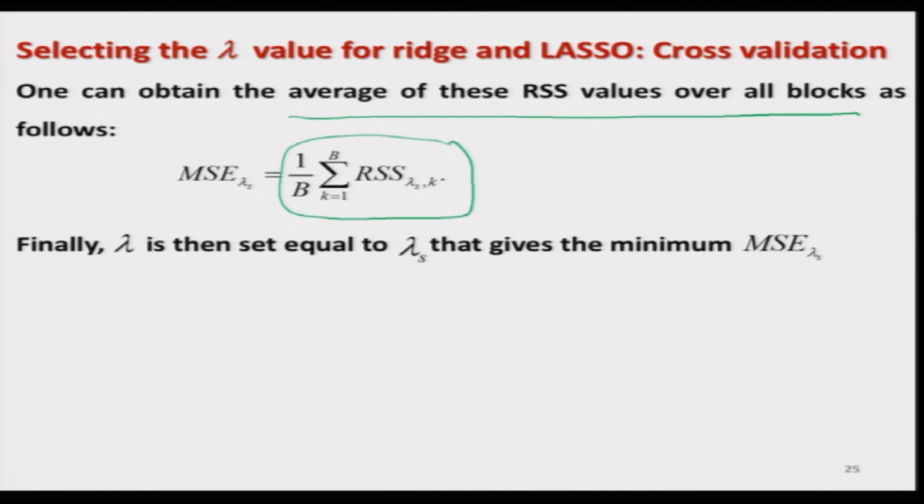Then you see which value of lambda gives the minimum value of MSE, and that is set equal to lambda s. So, you do this calculation and see which value among all the calculations gives the minimum MSE, and that corresponding value is chosen as lambda.